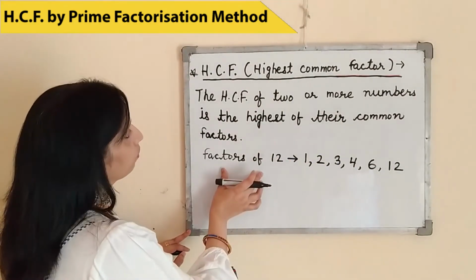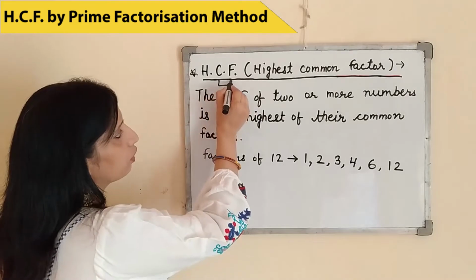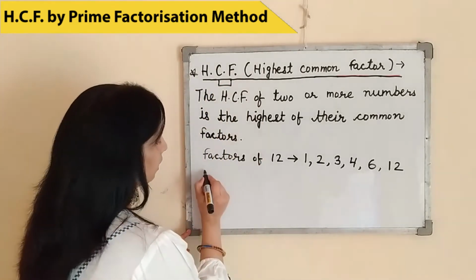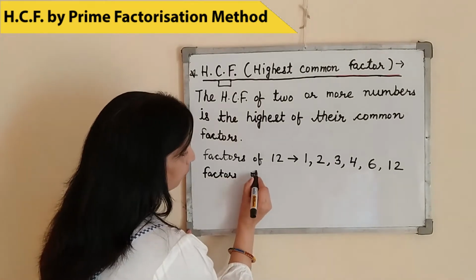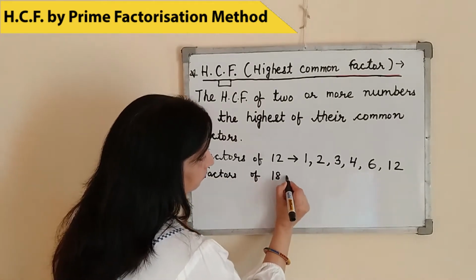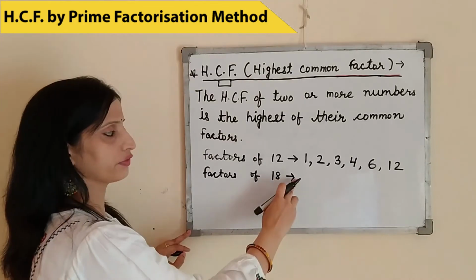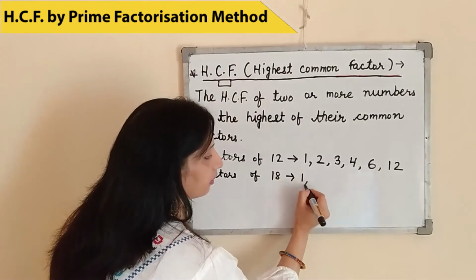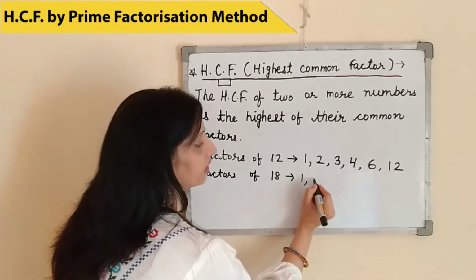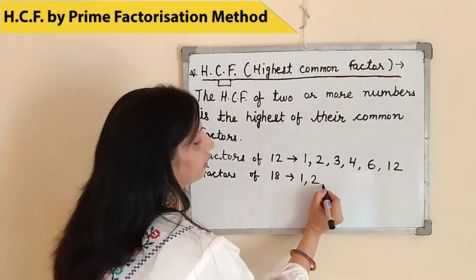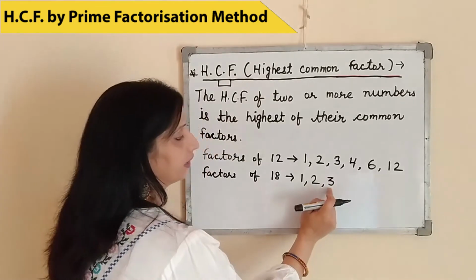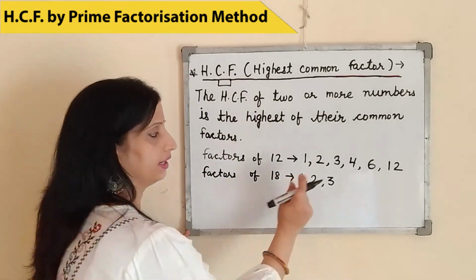Okay. To understand this term of common factors, we have to take one more example. Let's write the factors of 18. The first factor is always 1. Then 2, it is divisible by 2. 2 9s are 18. Then 3. 3 6s are 18.